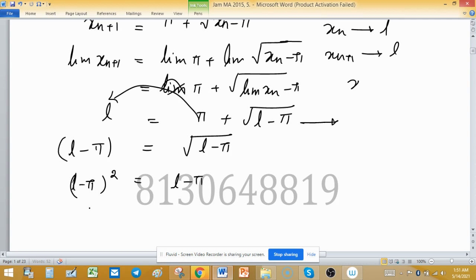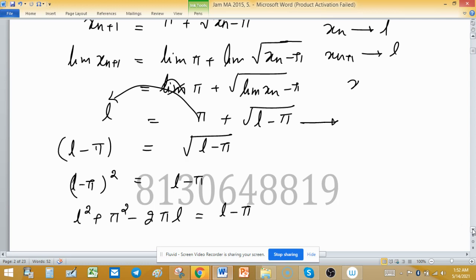Expanding the bracket, L squared plus pi squared minus 2 L pi equals L minus pi.